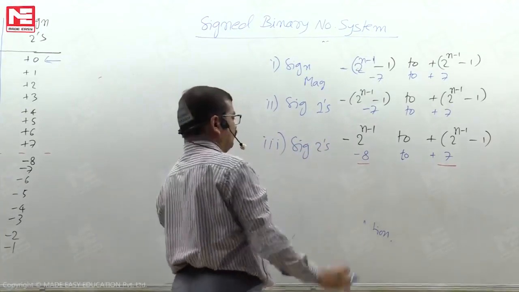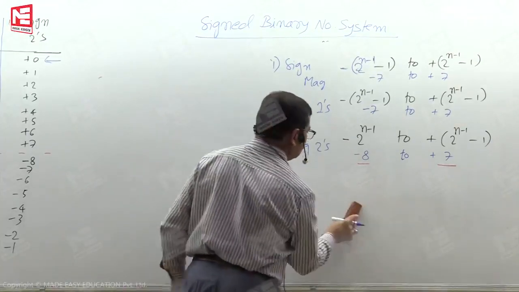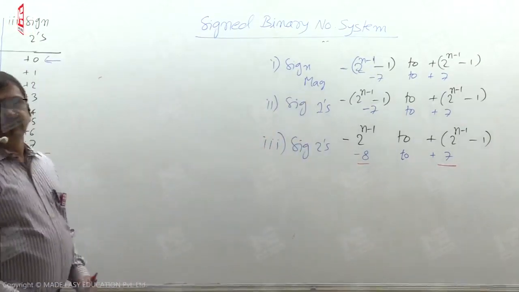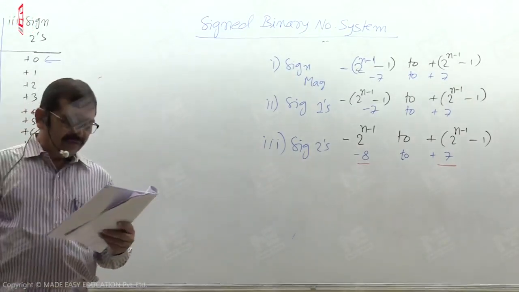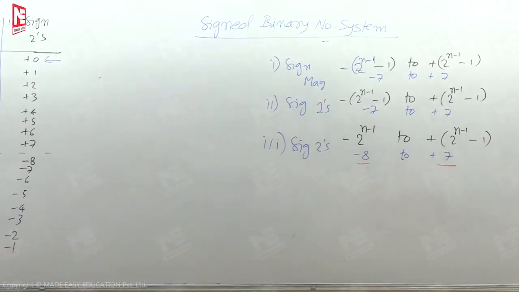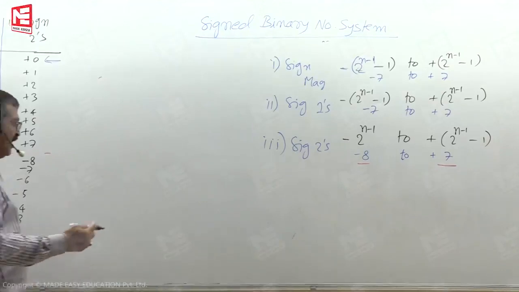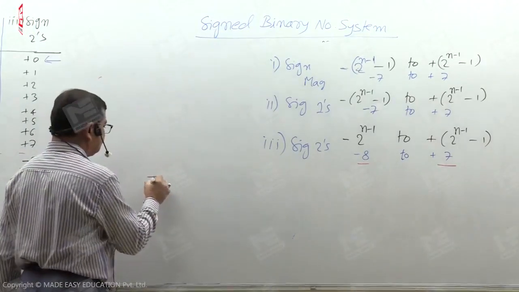Open the workbook, look at chapter 1, try yourself questions. It was a question in the 2016 GATE exam, CS paper. The question number is T12.